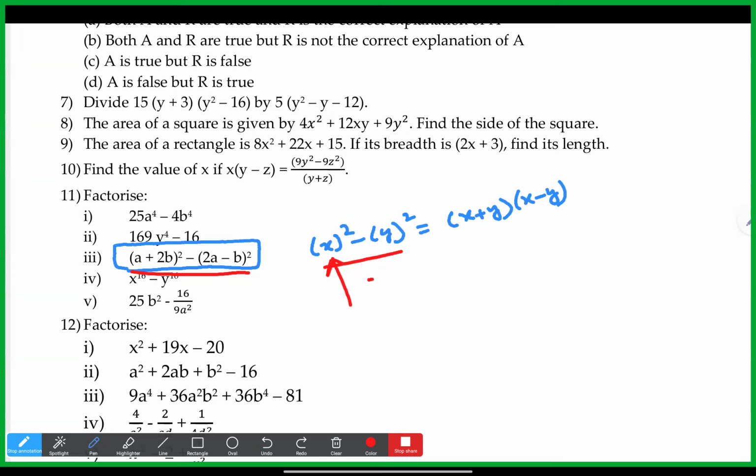Now, if we compare this, in the place of x we have a plus 2b, and in the place of y we have 2a minus b. Now, what should I do? Our answer is x plus y into x minus y, no?